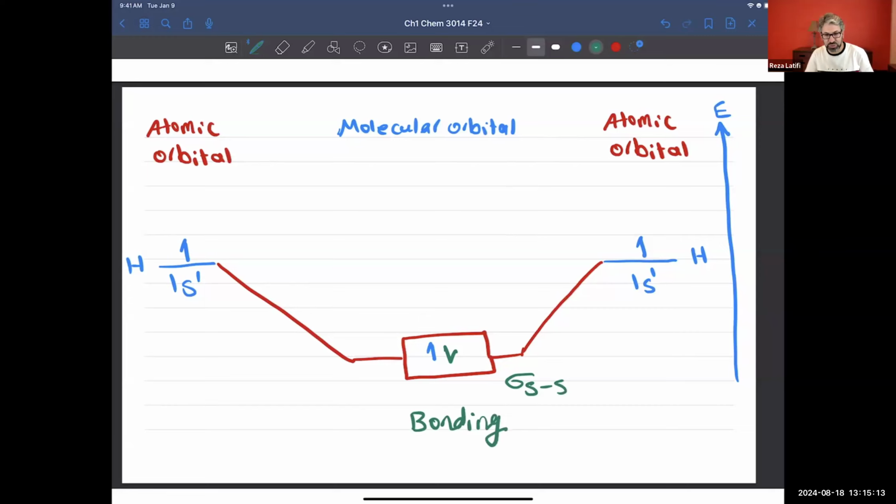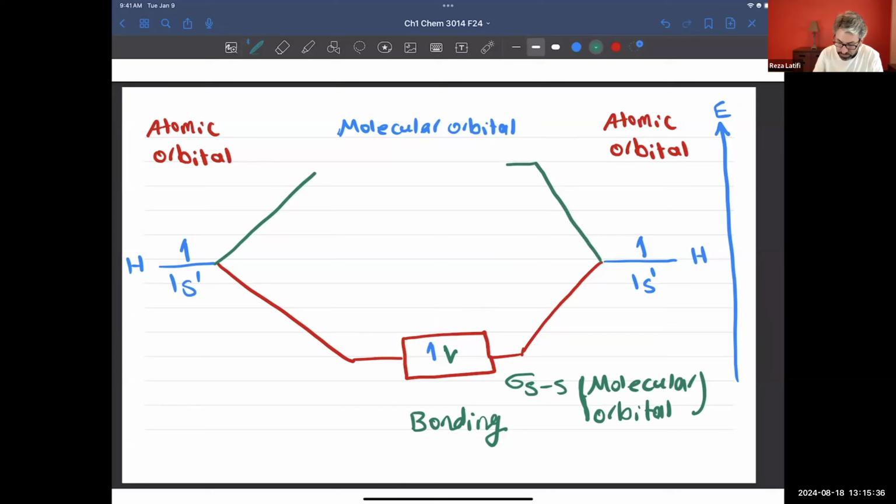The orbital that we got is a molecular orbital. The second orbital that you will get will be here, and that's going to be empty.